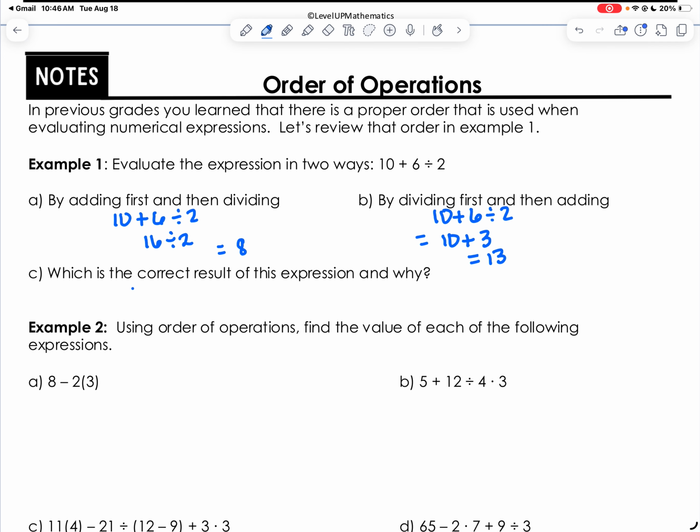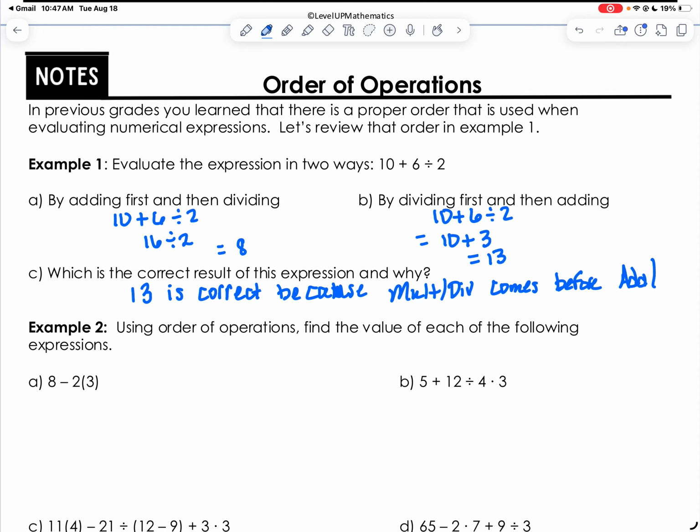All right, hopefully you said that 13 is the correct result, because multiplication or division comes before addition or subtraction in the order of operations.